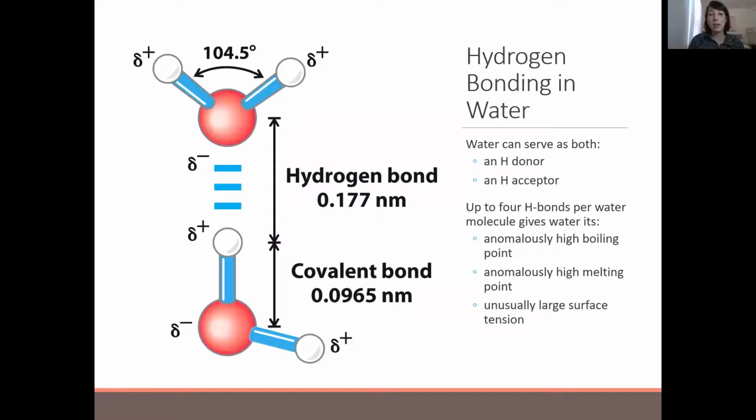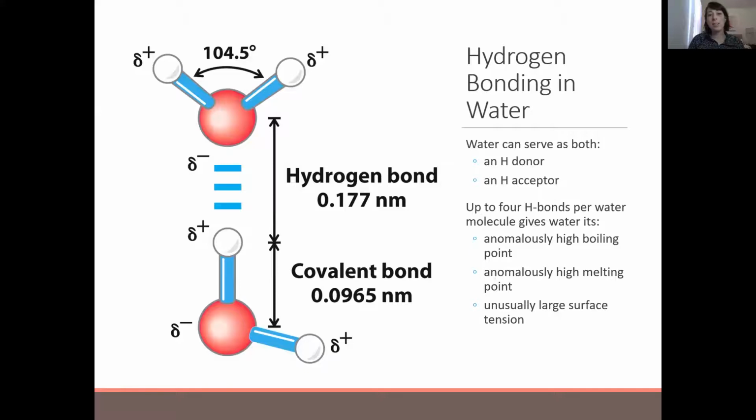You can see here water hydrogen bonding with itself to the left, where an oxygen on one water molecule is acting as the hydrogen acceptor, and a hydrogen on the bottom water molecule is acting as a hydrogen donor. Water can actually have up to 4 hydrogen bonds per one water molecule.